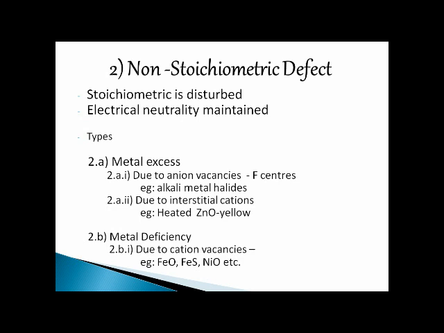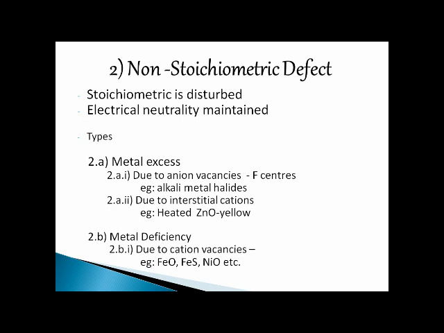That means if the space between lattice sites is occupied by an extra cation, we say that is metal excess defect. The electrical neutrality is maintained by the presence of an electron in some other interstitial site. You know, in non-stoichiometric defect, electrical neutrality is maintained.